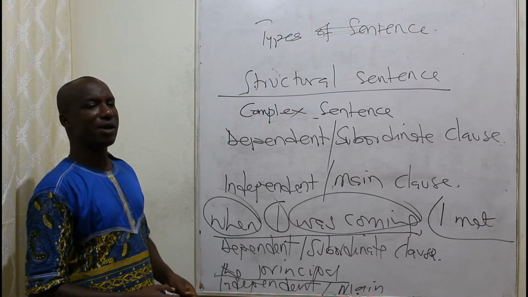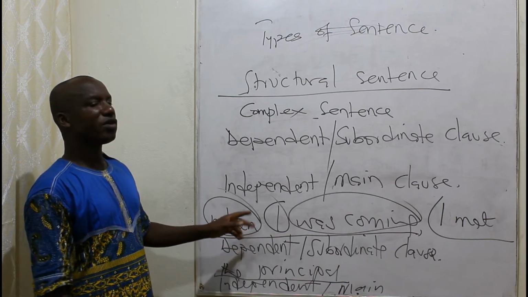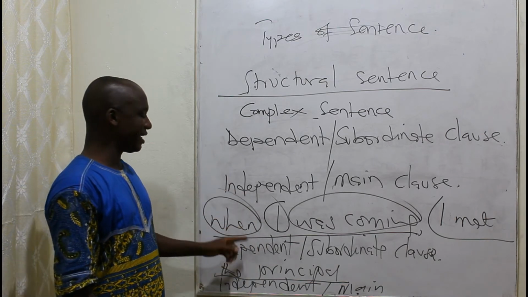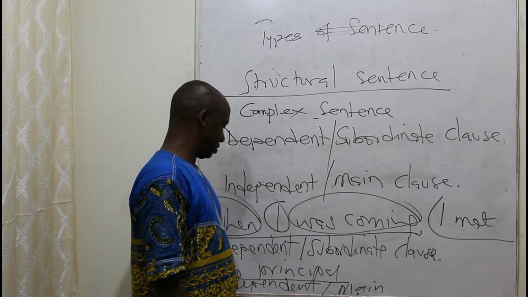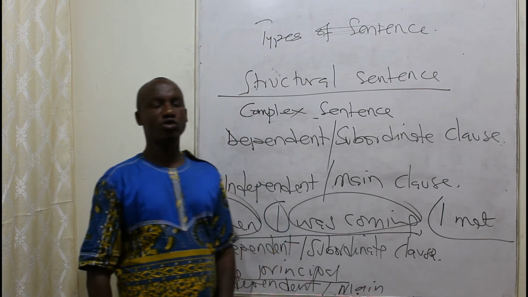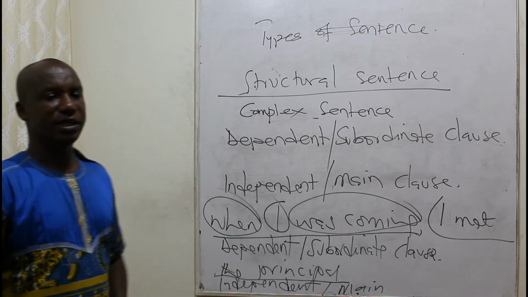But the dependent or subordinate clause cannot stand on its own unless it relies on the independent or main clause in order to make a complete meaning.